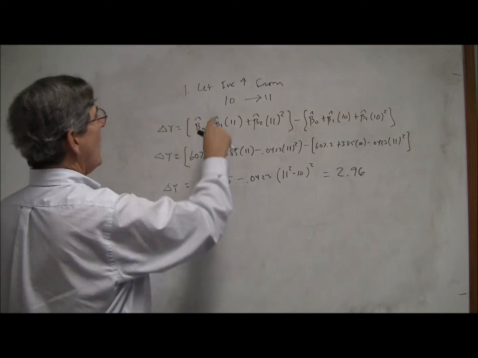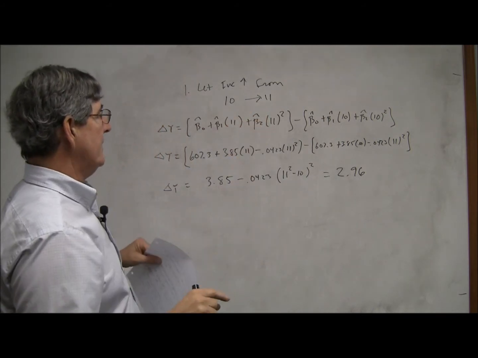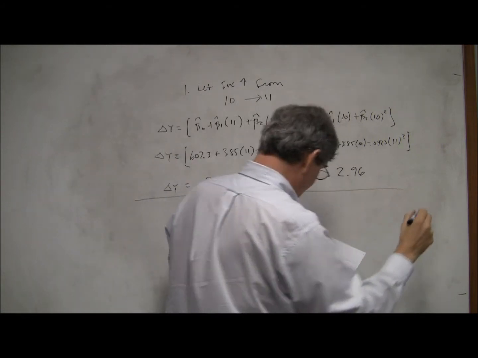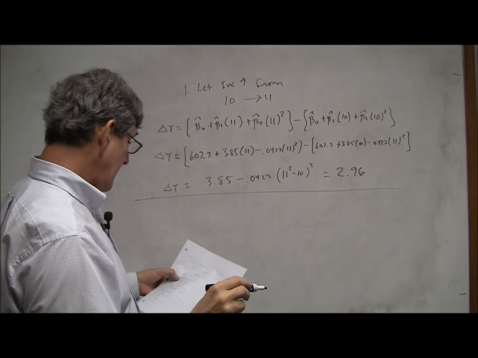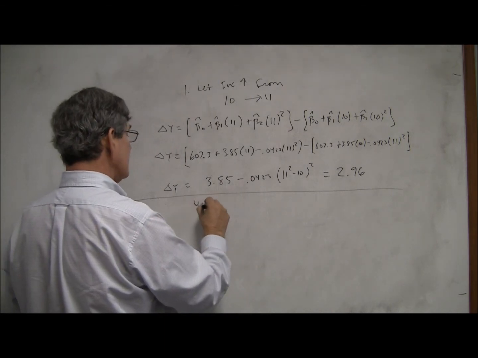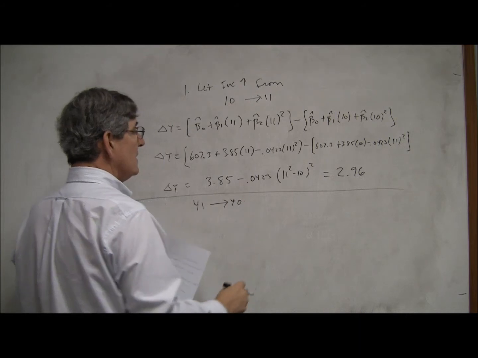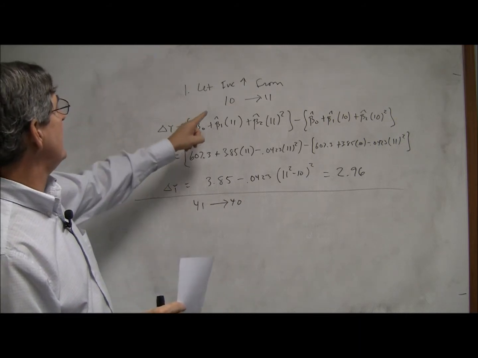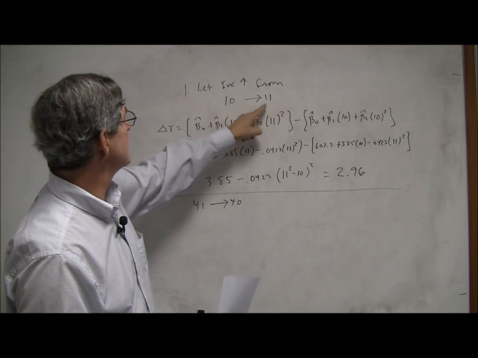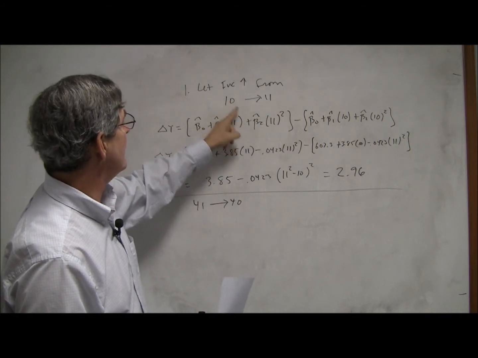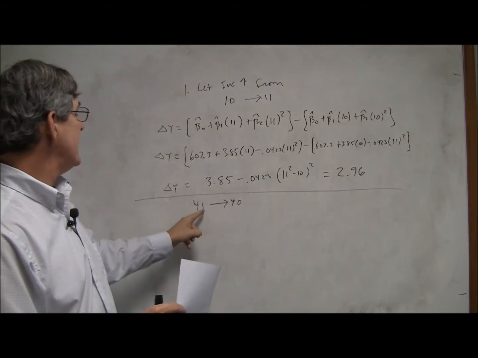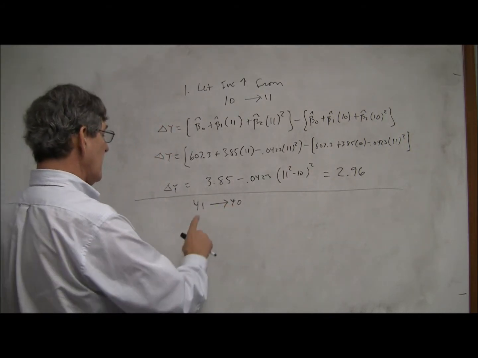So the change in y from 10 to 11 gives you 2.96. So this says that if we increase income by $1,000 and we start at 10, we'll raise test scores by 2.96. Now let's go from 40 to 41.